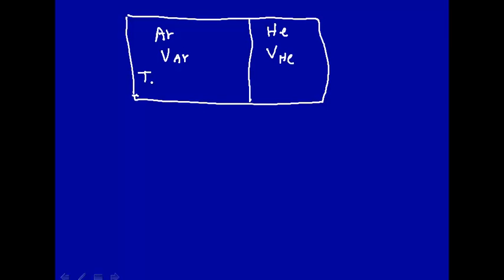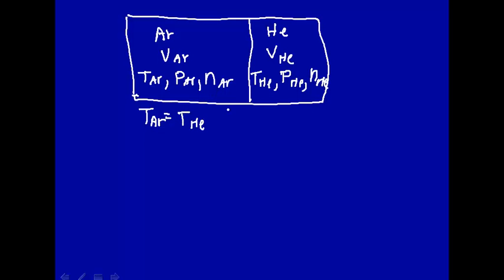This will be some temperature of argon, some pressure of argon, some number of moles of argon. In the same way here we have the temperature of helium, pressure of helium, and the number of moles of helium. Let's assume that the temperature of argon is equal to the temperature of helium, so there's no temperature gradient.